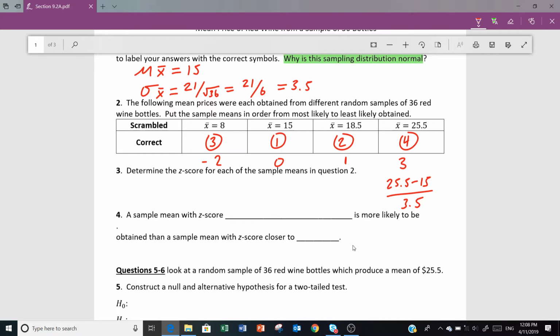Okay, let's try number 4. A sample mean with z-score blank is more likely to be obtained than a sample with a z-score closer to blank. Okay, group, think, pair, share, individual, partner, class.